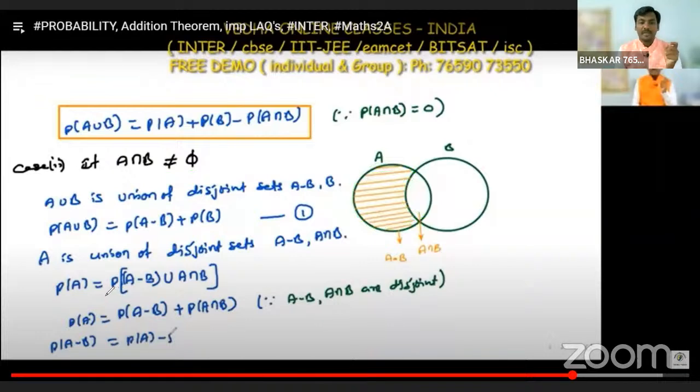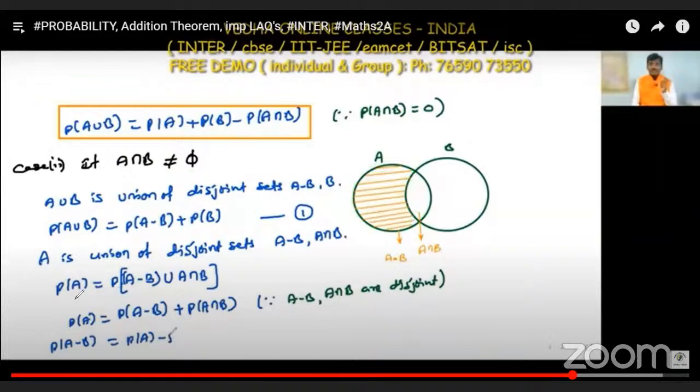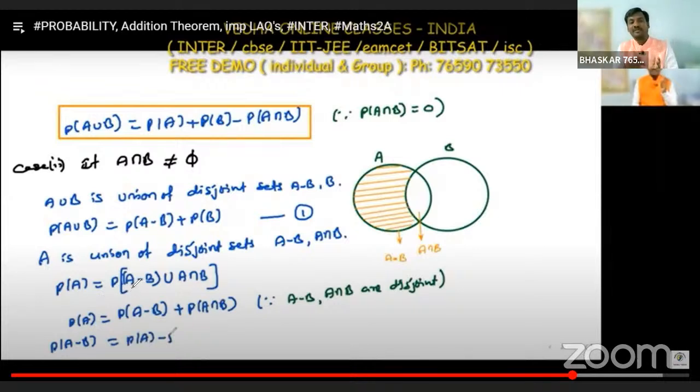Now probability of A is equal to probability of A minus B union A intersection B. Means we are combining these, the union of these two is A, and these two are disjoint sets.